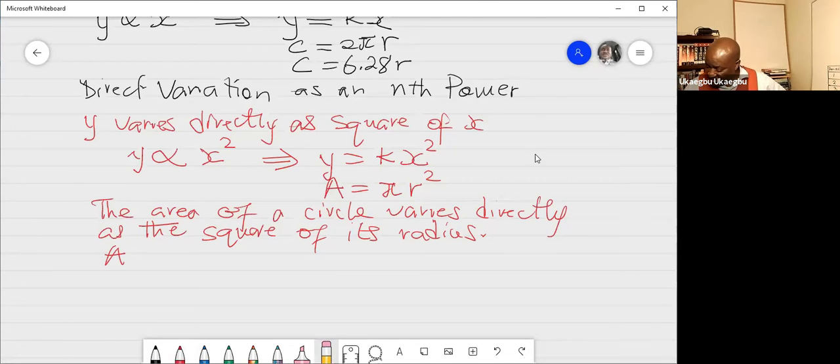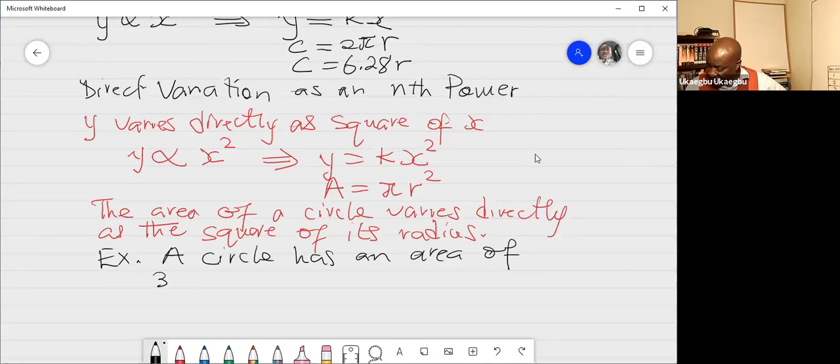Let me write that differently; this is now an example. Example: a circle has an area of 32 centimeters squared and a radius of, let's say, 5 centimeters.